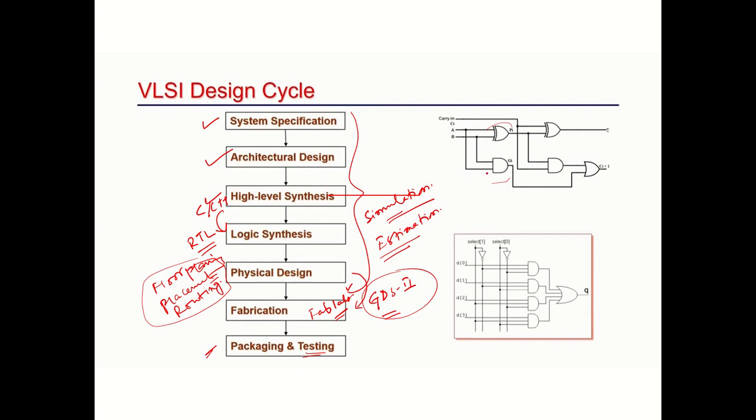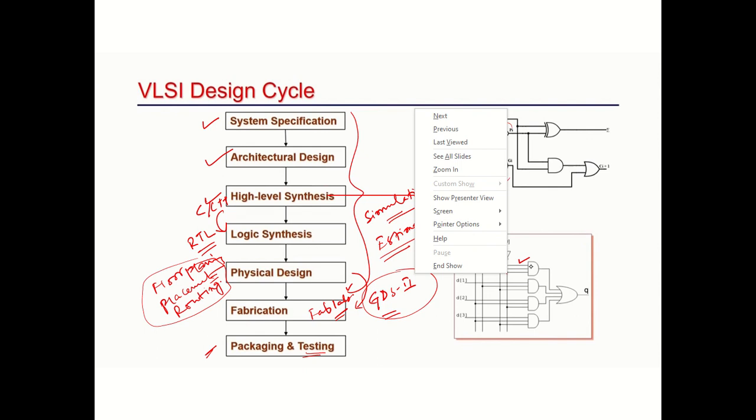In this case, if it is a full adder, then this is another circuit you can check. It has D0, D1, D2, D3, and we have two signals, select 1 and select 0. Based on select 1 and select 0, D0 is selected when this one is connected and this one is connected.